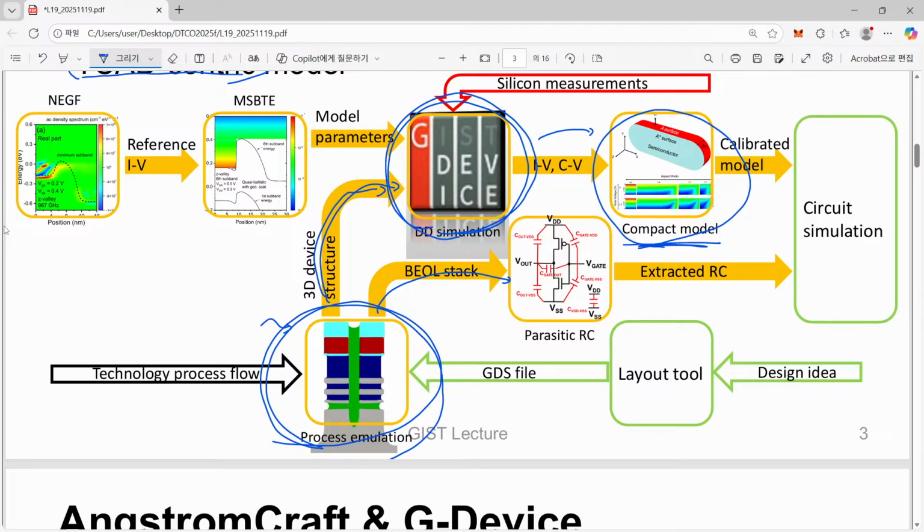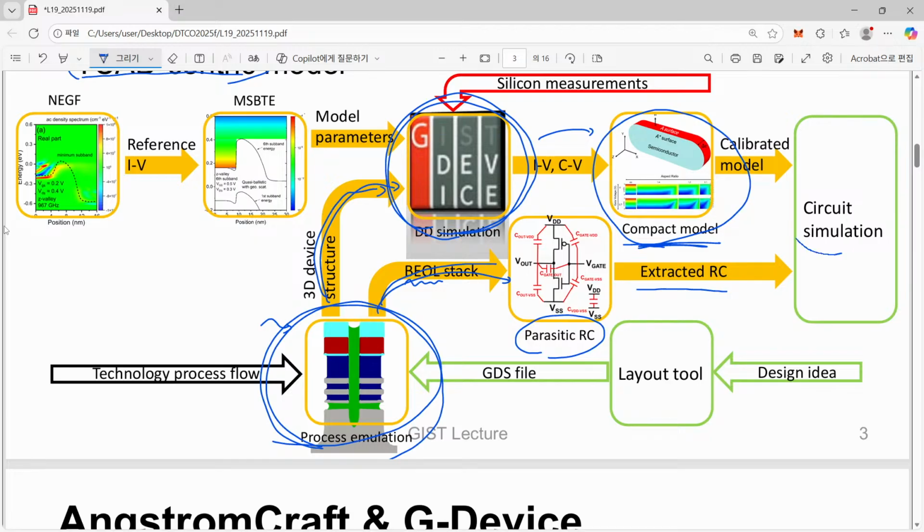And also we have another route here, and this is more related with the backend of line stack. So what is backend of line? We have not covered it yet, but it is related with the metal interconnect and their relative capacitance. From this given backend of line, we can extract resistance and capacitance, and this is also used.